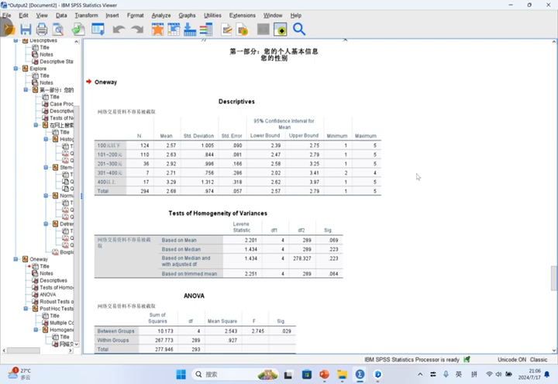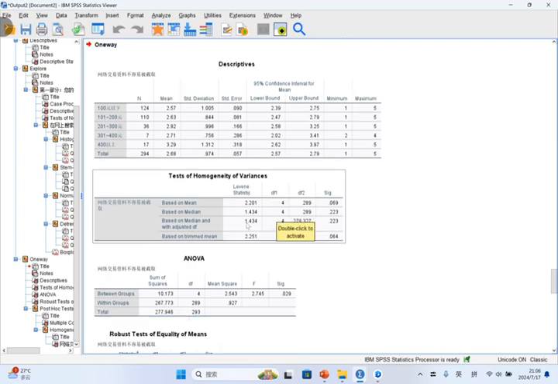The result of the homogeneity of variance test shows that the statistic does not reach the significant level, and the result of homogeneity of the variance can be accepted.